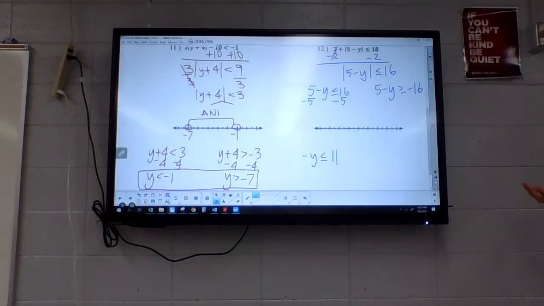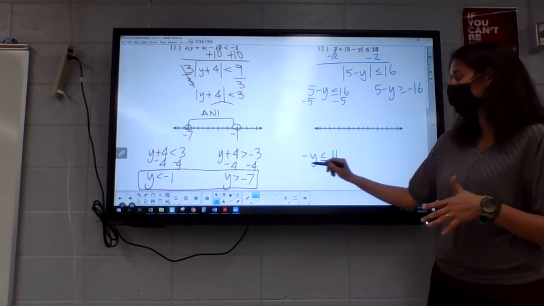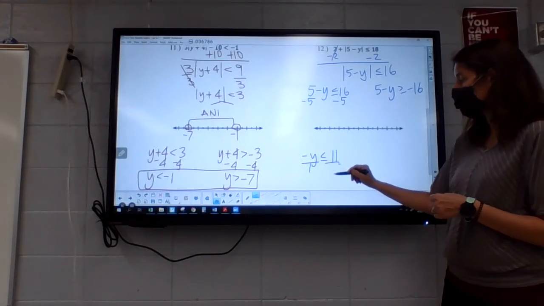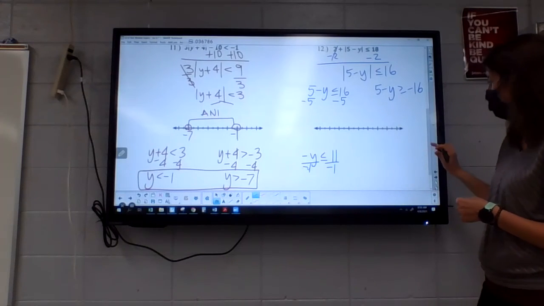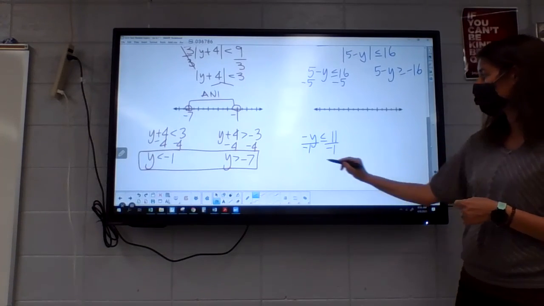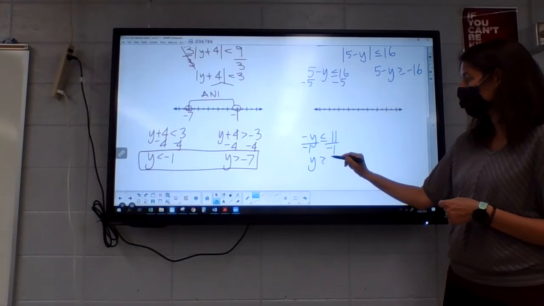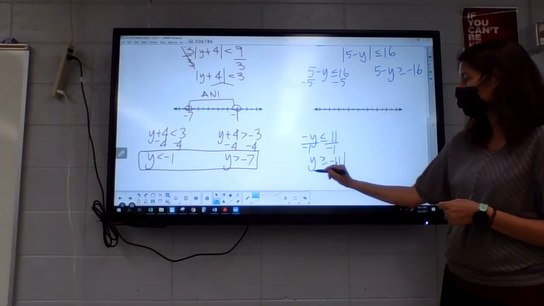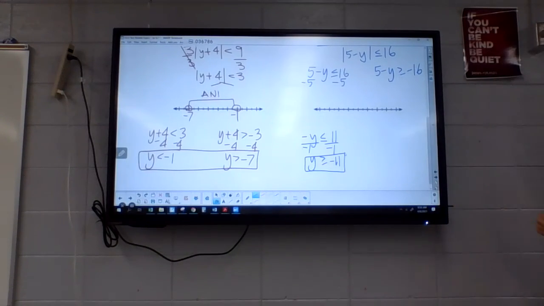So we're going to divide by a negative 1, and that's going to flip our inequality. So this is going to switch again. Definitely an annoying problem. So the inequality flips again because we divided by a negative.